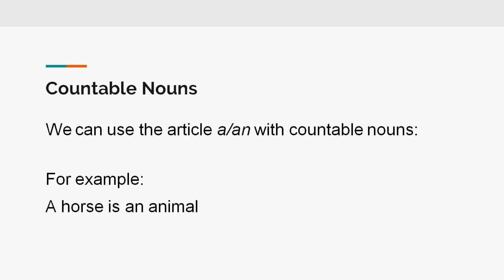We can use the article a or an with countable nouns. For example, a horse is an animal.